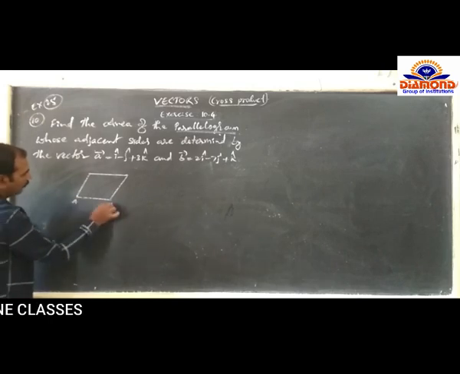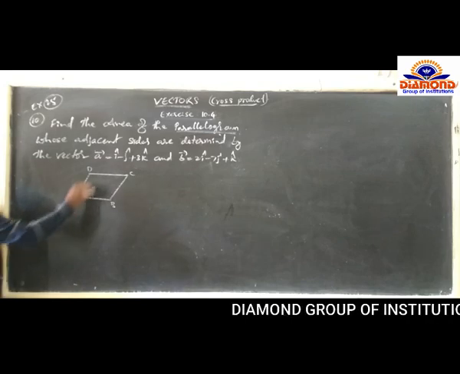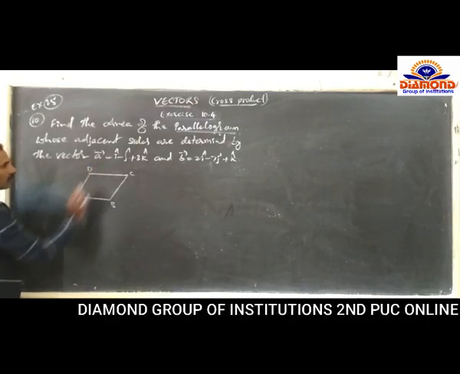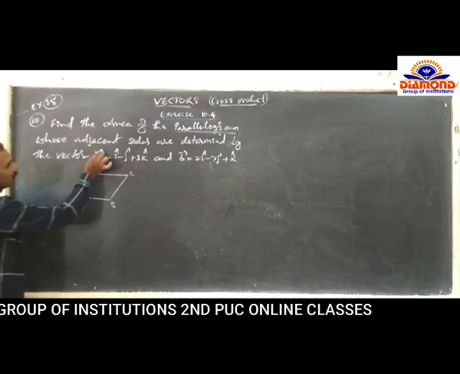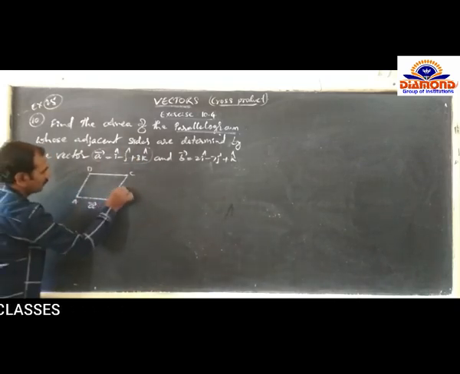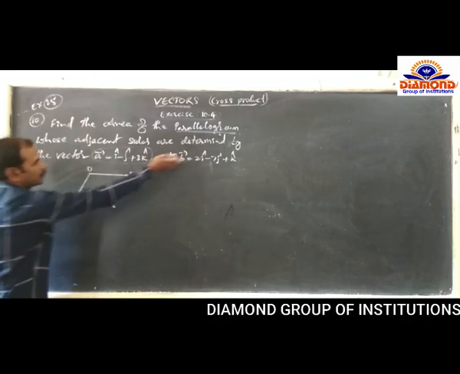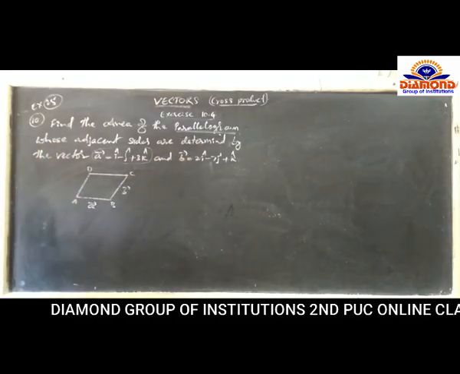So A, B, C, D. Next, this is a parallelogram. The adjacent sides are given here. The first one is this A bar. The adjacent side is this one. AB is A bar, BC is B bar. So both are given here.